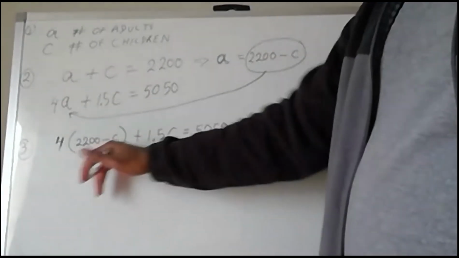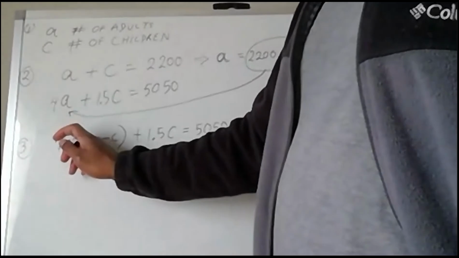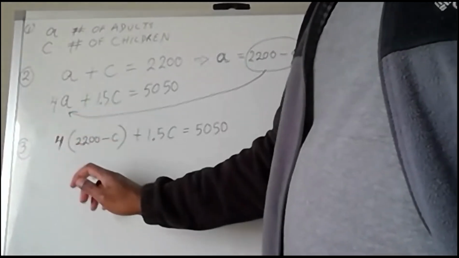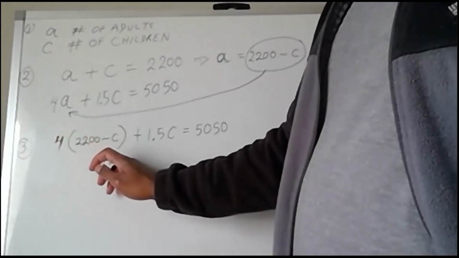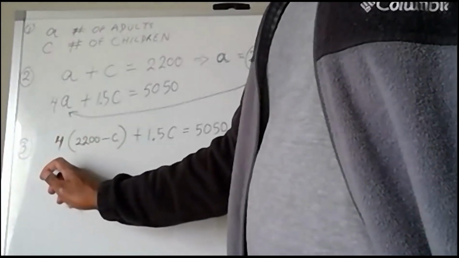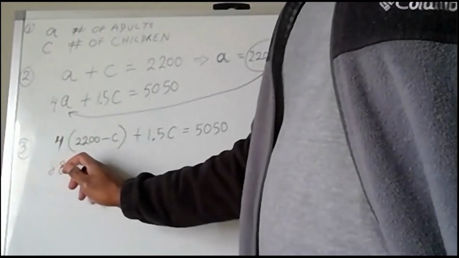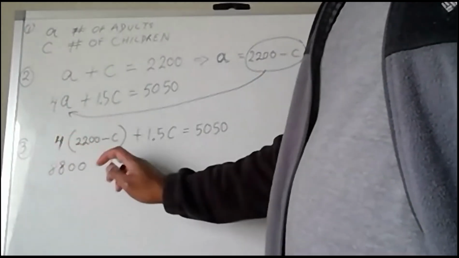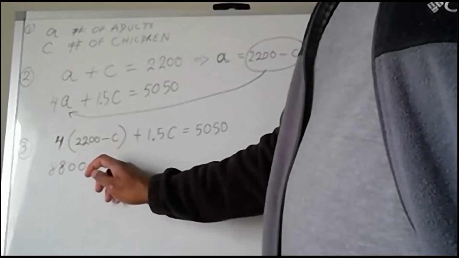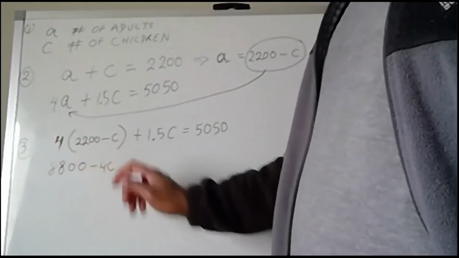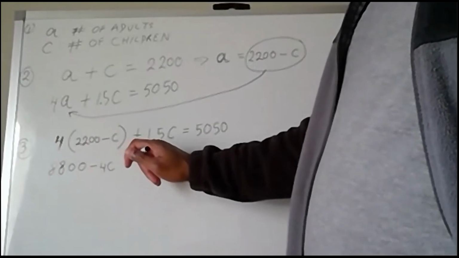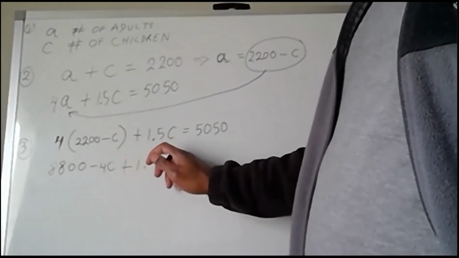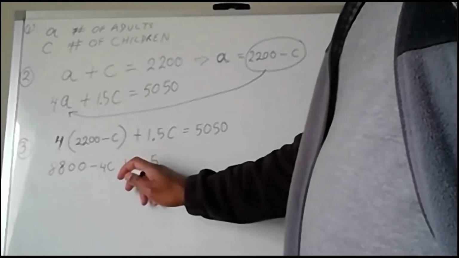So let's solve this for C. We're going to distribute this 4, and that means to multiply. So 4 times 2,200 is equal to 8,800. 4 times negative C is equal to negative 4C. And here we're left with what's outside, plus 1.5C.